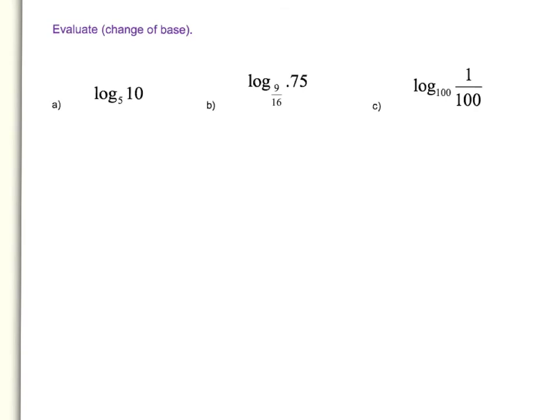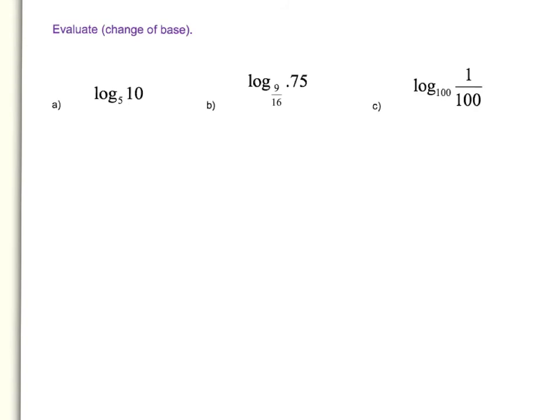So for all log functions, if you were to just see log of 10, log of 0.75, log of 1/100, we can know that those are in base 10. Whenever we have log expressions that have a different base other than 10, that's when we actually see the base there.